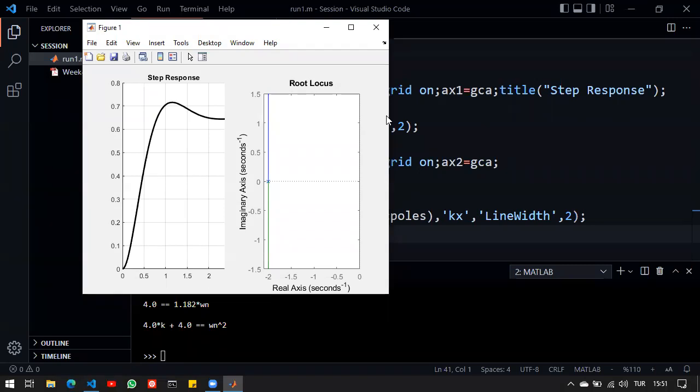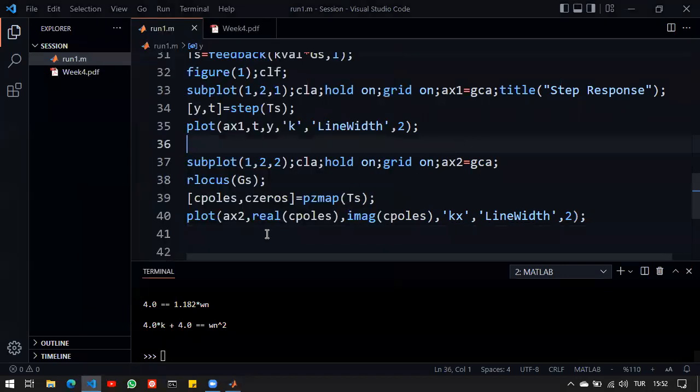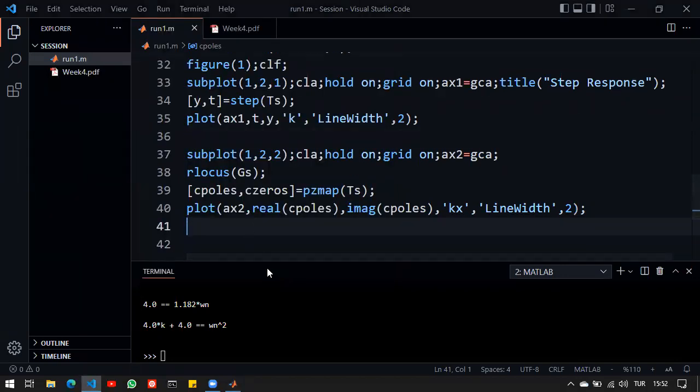So that could be because of the reason that the root locus has its own limits, and we are maybe zoomed in a little bit. So what we might need to do is zoom out, and we can see now they appear. So that's good, at least. So it seems like I have to adjust the Y limits here by default. So let's do that.